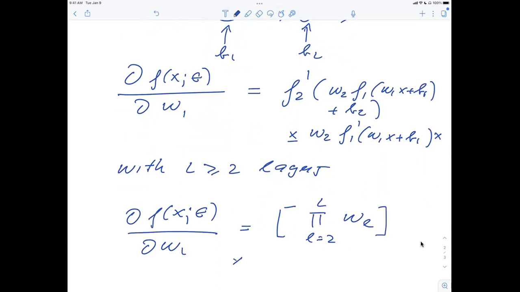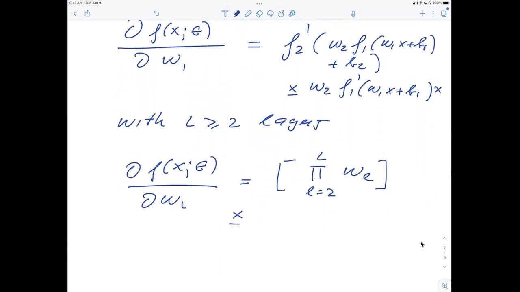And this is multiplied with, and I'm just putting an underscore here to indicate that this is my multiplication of a quantity, a product from L equal to 1 up to L of the derivatives of these functions f of L with respect to the input to these functions, set L. And this is multiplied with x.